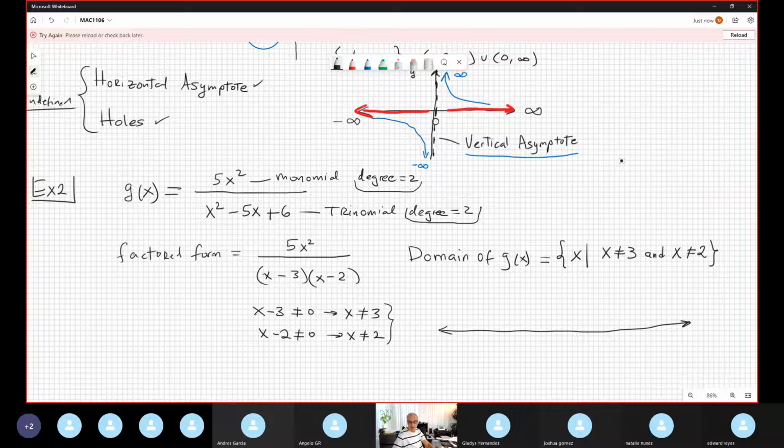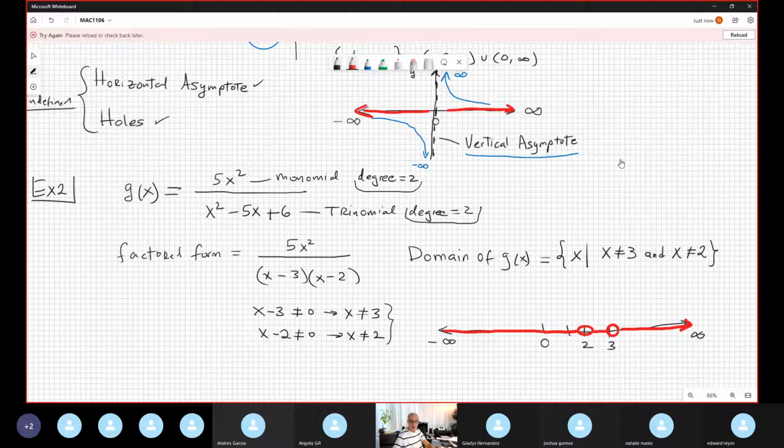In conclusion, if I visualize this on the real number line, from infinity negative to infinity positive, actually we have two holes in the one dimension picture. 1, 2, and 3. So we have a hole here, another hole here, and the domain is the rest: from negative infinity to 2, don't touch 2, between 2 and 3, don't touch 3, and from 3 to positive infinity.